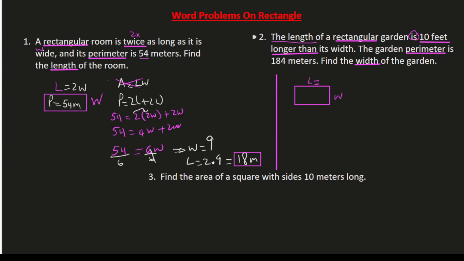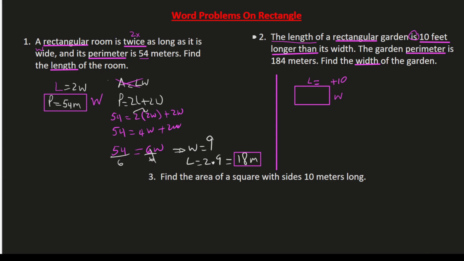10 feet longer than. Longer than, you need to put the 10 feet a little far away here. That's what it says, longer than. So it won't be the first one you put here. You're going to put 10 feet here, plus 10. Longer than means plus.